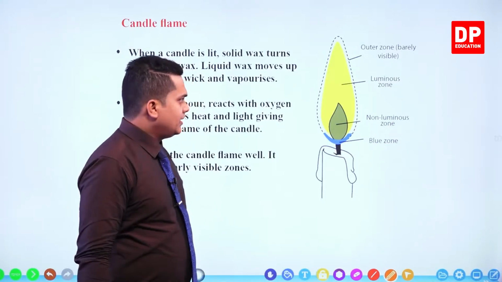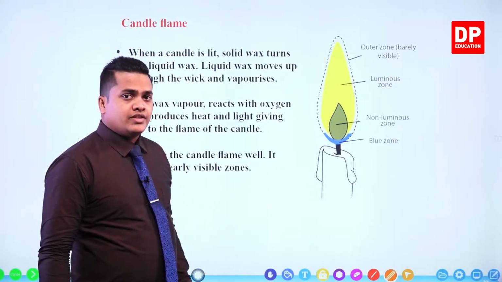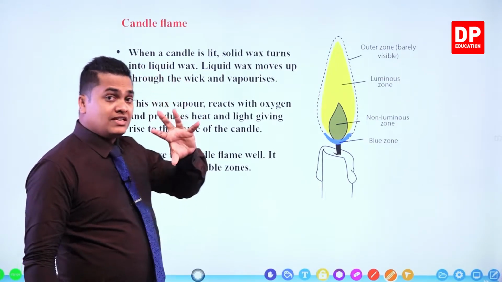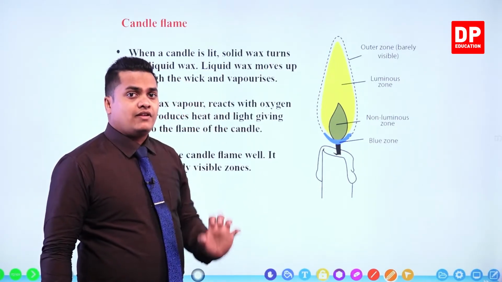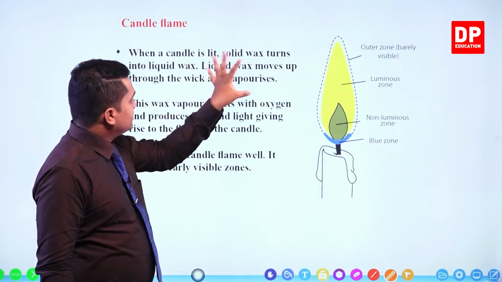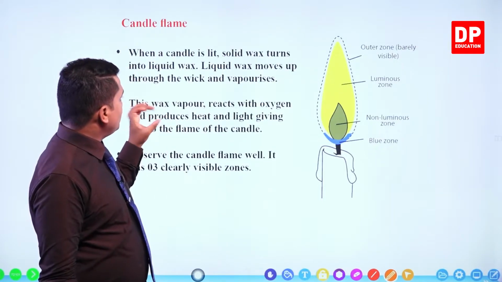Let's see what the special points are in each of these areas. First, let's see how a candle flame occurs. When a candle is lit, solid wax turns into liquid wax.